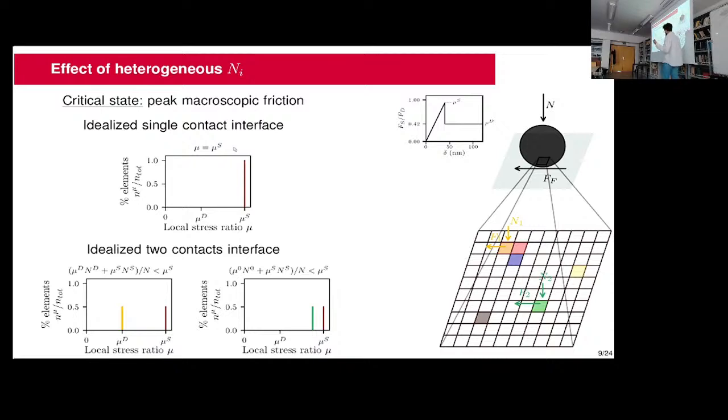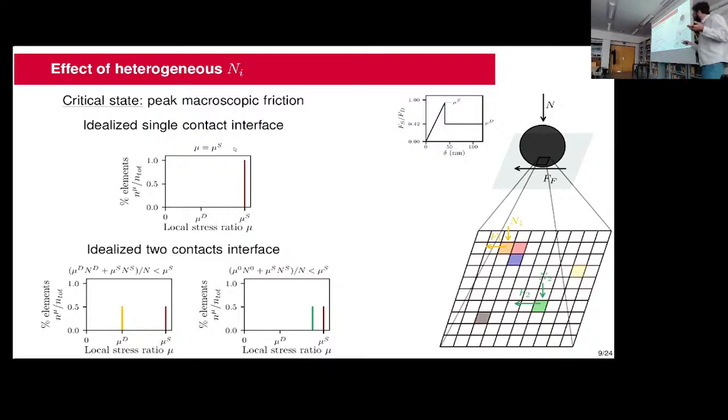So the asperity with the high load will be able to reach its critical state and experience the maximum friction it can sustain. But the other asperity will already be at its dynamic value because it will pre-slide, in a way.